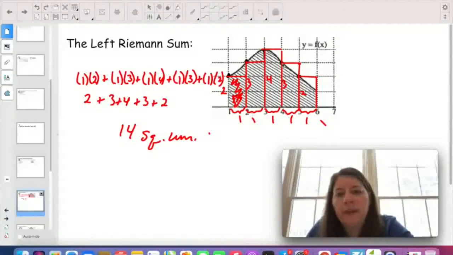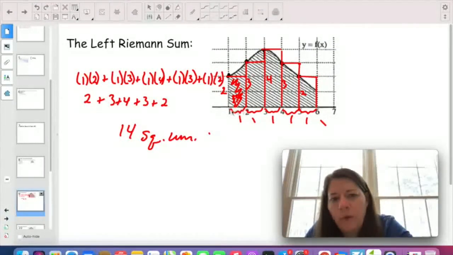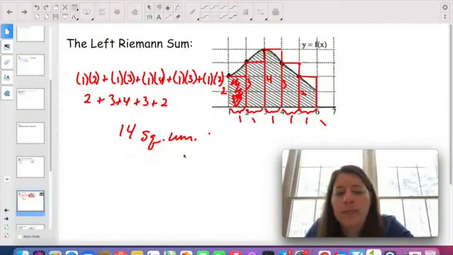So if you consider the areas of these 5 rectangles, the width for this one would be 1 times the height, 2. This one would be 1 times the height, 3. 1 times the height, 4. 1 times the height, 3. And 1 times the height, 2. So we would end up with 14 square units for this estimated area under the curve using the left Riemann sum.